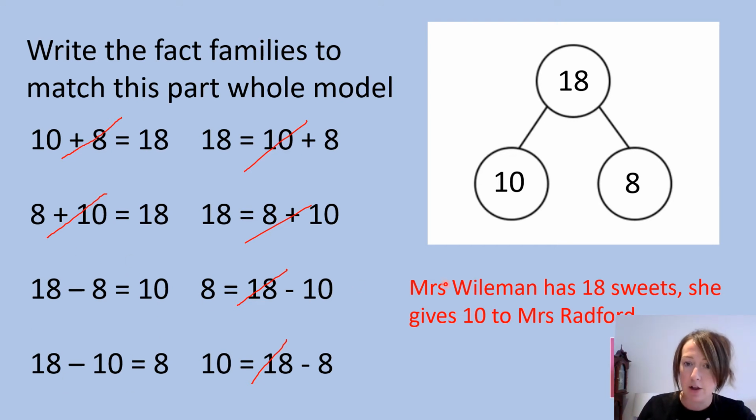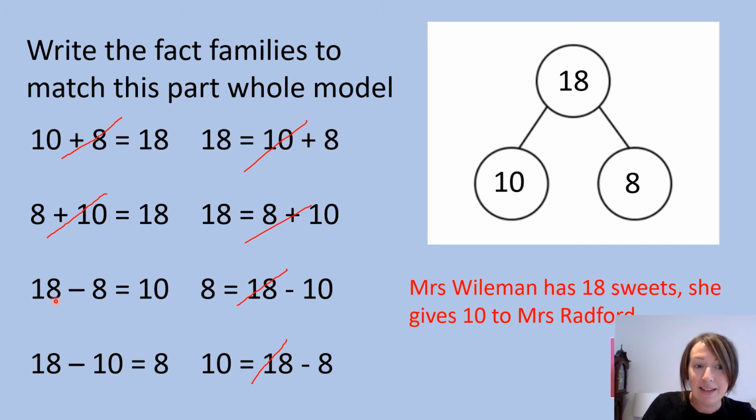Let's revisit the number sentence, the question, and see if we can get another clue. Mrs. Wildman has 18 sweets. She gives 10 to Mrs. Radford. So how many am I taking away? Taking away 10. So therefore, I know it must be this one. 18 take away 10 equals 8.